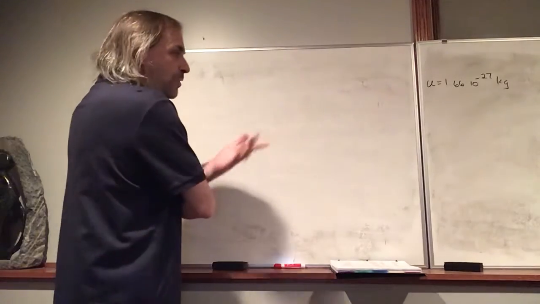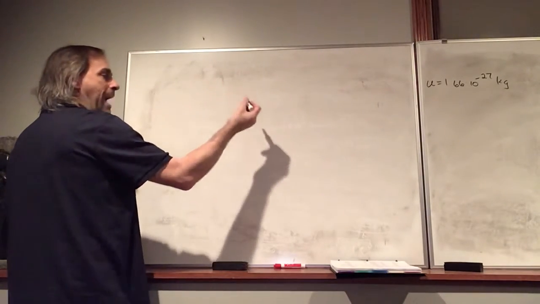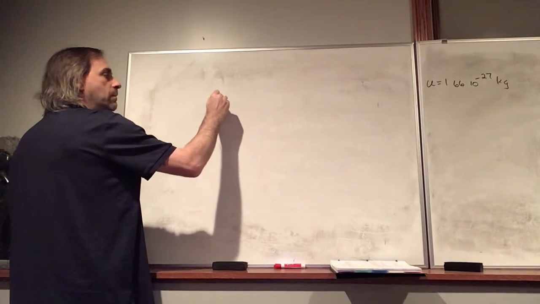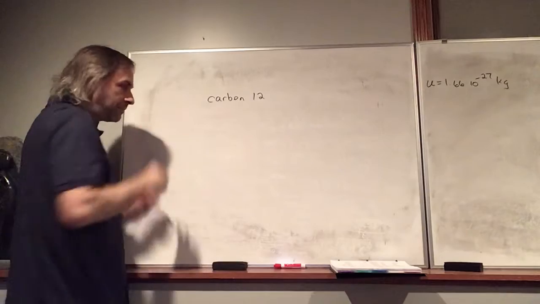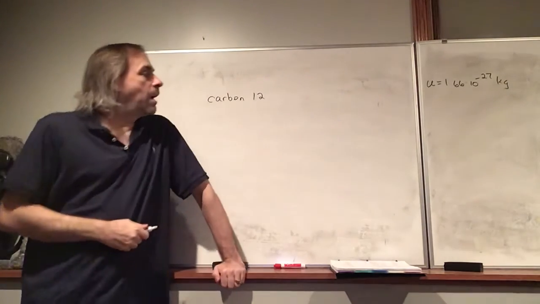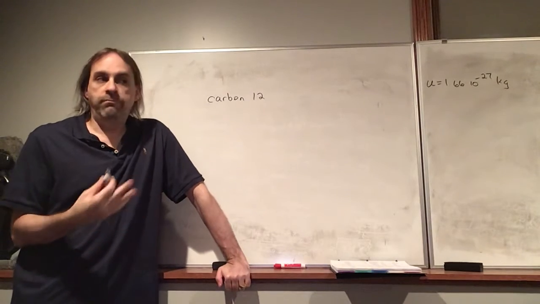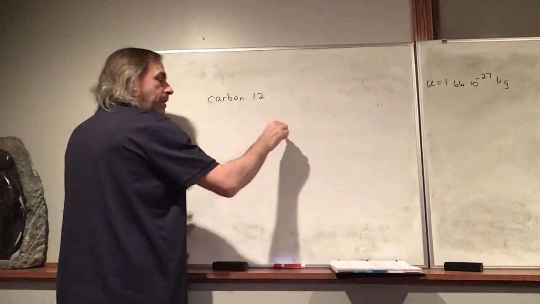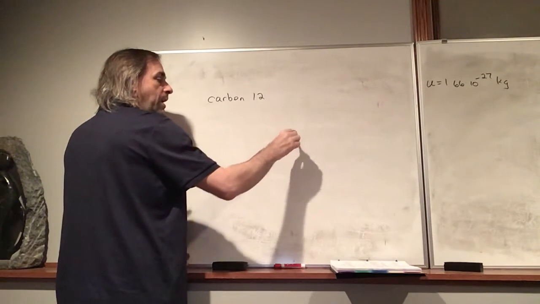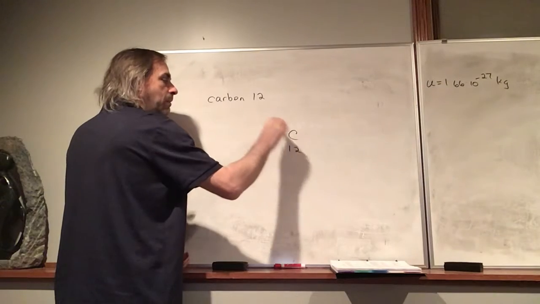Okay, and how is an atomic mass unit defined? Well, there's a certain atom called carbon-12. If you look at a periodic table, say at carbon, it's got this number 6. It might look something like this.